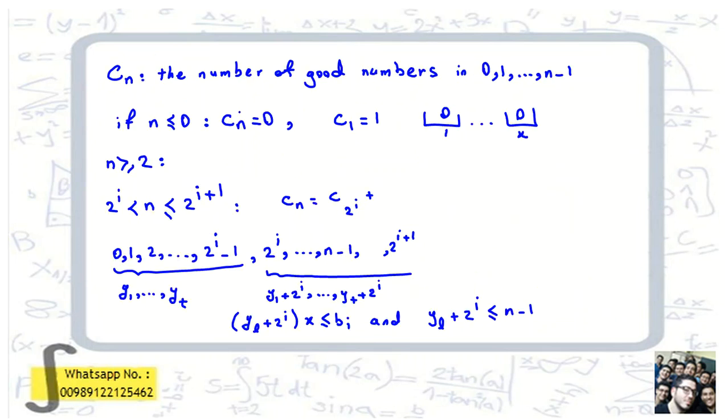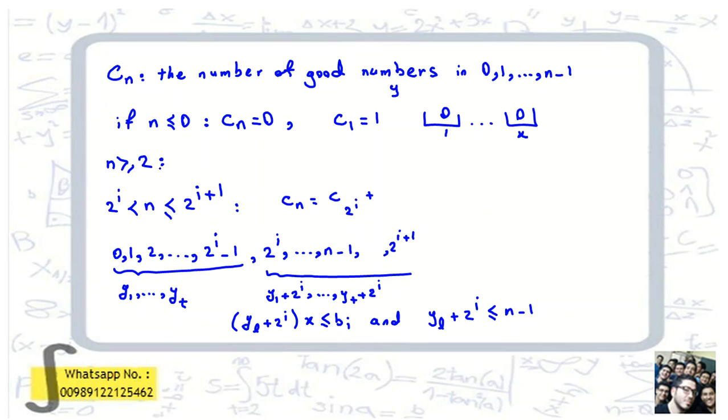Now let's consider C_n, the number of good numbers, good y's, in 0, 1 to n minus 1. So if n is less than or equal to 0, C_n would be 0, C_1 would be 1, because from 0 to 0, you consider for each bag 0, so one good case is possible.